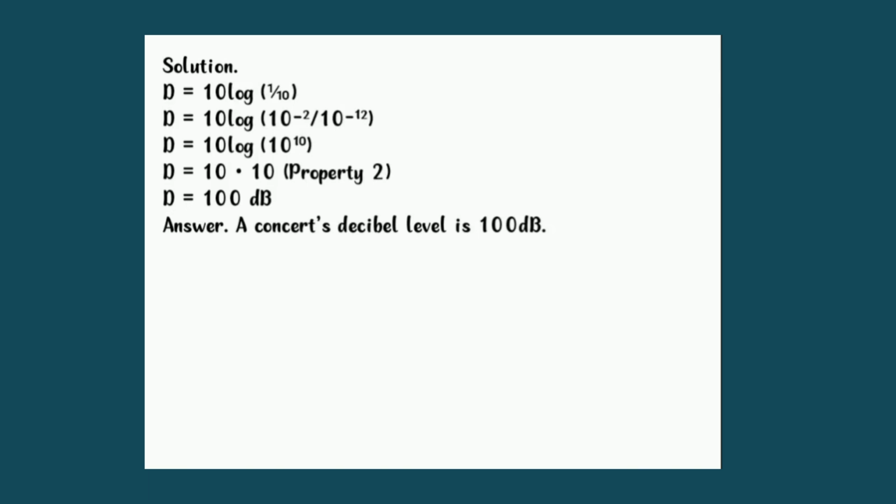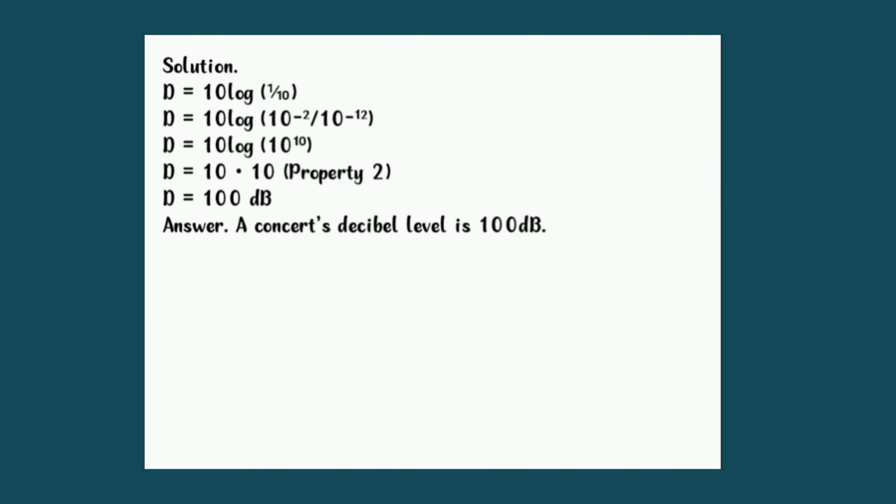D equals 10 log of the intensity over 10^-12, and then D equals 10 log of 10^-2 over 10^-12. Moving to the next step, D equals 10 log of 10 raised to the power of 10.